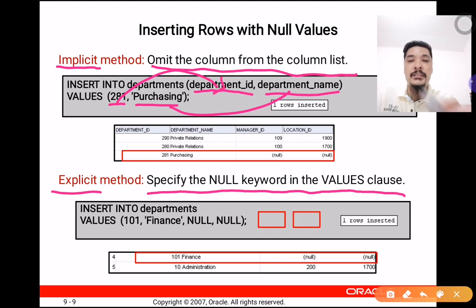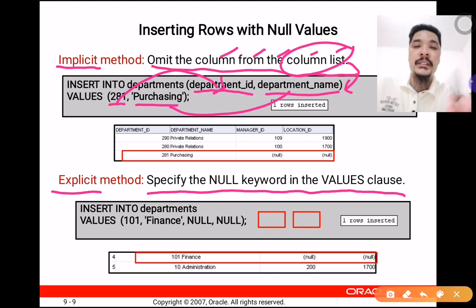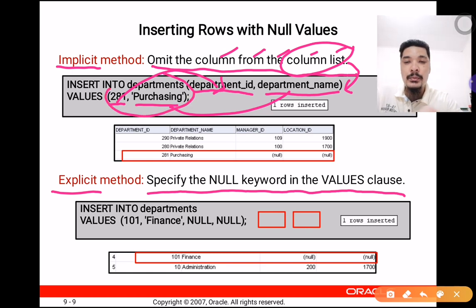So this is what we call implicit, because we omit the columns from the column list. This is the column list. If we have two columns here, we must put two values, and automatically these values will be inserted here.